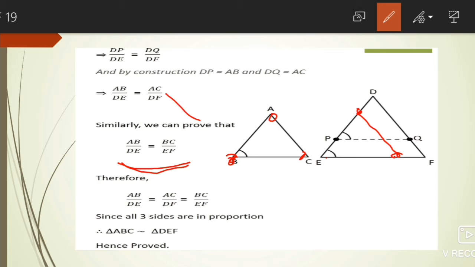So if you combine these two relations, you will get AB by DE is equal to AC by DF is equal to BC by EF. That means the ratio of three corresponding sides are equal. So condition number 2 is satisfied, condition number 1 is given. That's why triangle ABC is similar to triangle DEF. This is the proof for the first theorem.